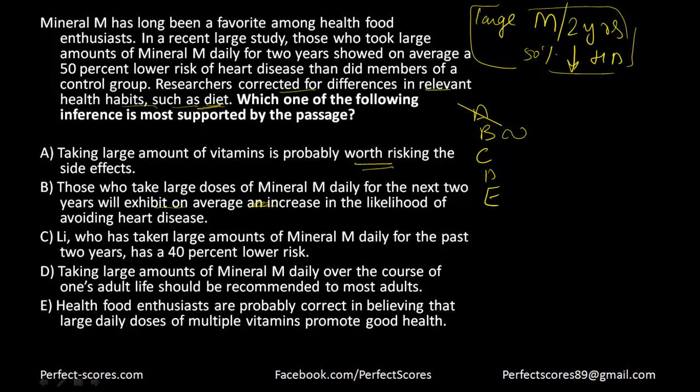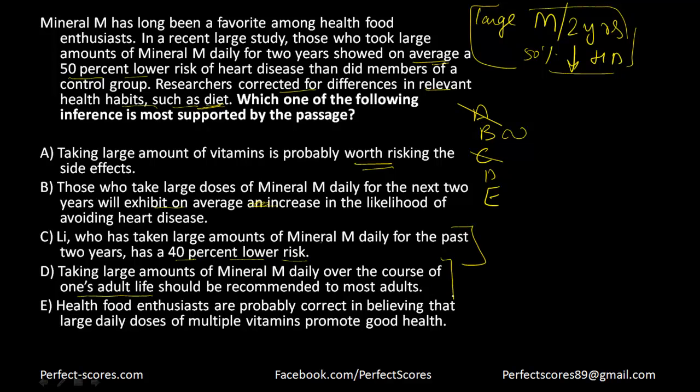C says, Lee, who has taken large amounts of mineral M daily for the past 2 years, has a 40% lower risk. Now this information we cannot tell because remember over here we had information on average. Now average does not mean that every person of that group will have a 50% lower risk. Some may have a 70% lower risk while some may have a 30% lower risk. But we cannot be sure that Lee has a 40% lower risk, so C is obviously wrong. D says, taking large amounts of mineral M daily over the course of one's adult life should be recommended to most adults.